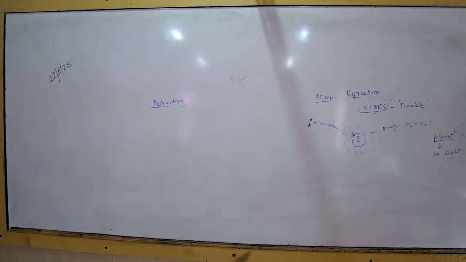Okay, Rashita, I want you to read answer number 14 first. Stars emit their own light and they twinkle due to atmospheric refraction of light. Stars are very far away from the earth and they are considered as point source of light. Why should we consider them as a point source? Obviously because of the distance.